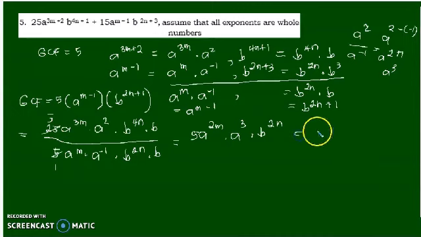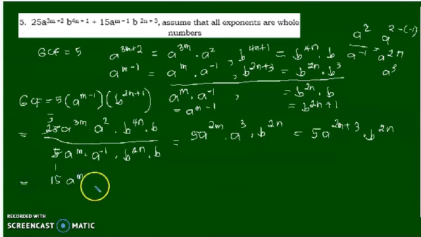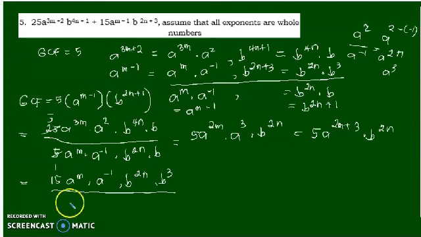So that one is 5a raised to the power of 2m plus 3 times b raised to the power of 2n. The second term, 15 a raised to the power of m times a to the power of negative 1 times b to the power of 2n times b to the third power, divided by 5 a raised to the m times a raised to the negative 1 times b raised to 2n times b.